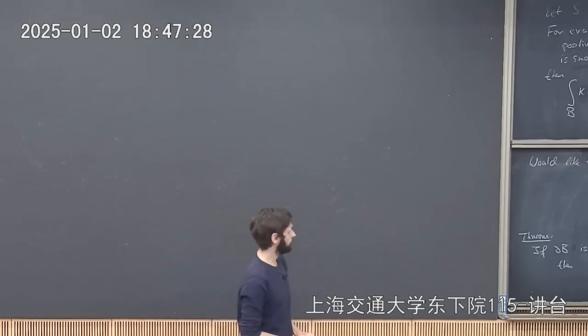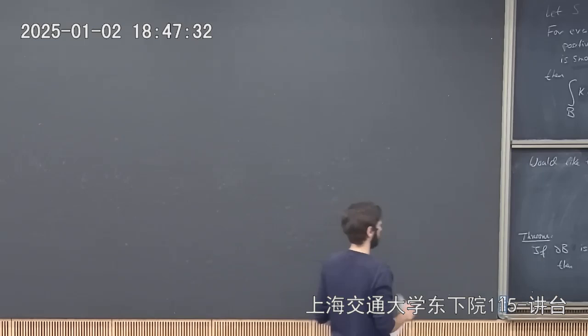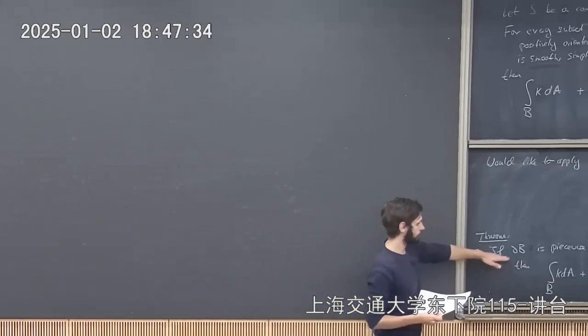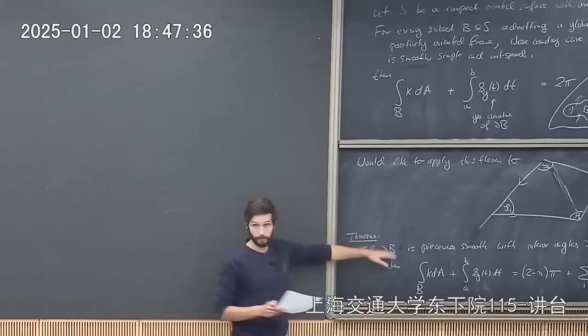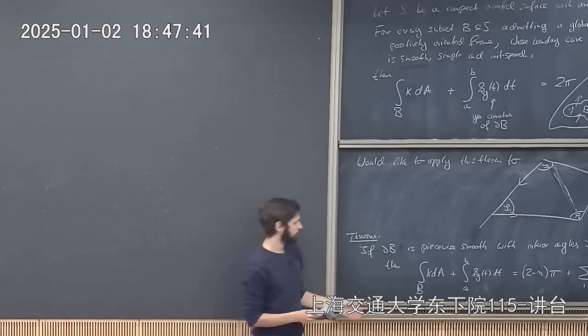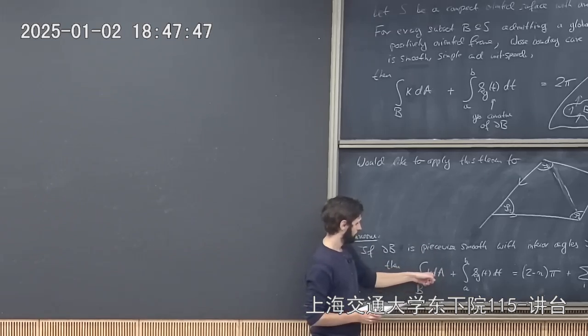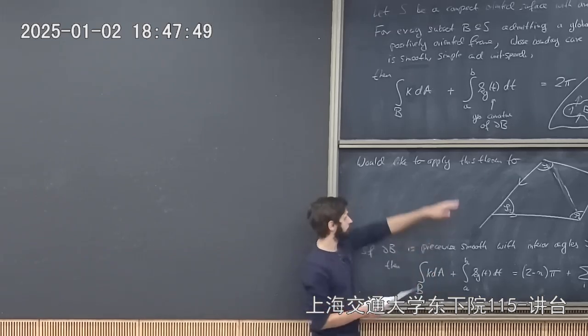But in general, you get some contributions coming from the angles. Okay, and that theorem is quite nice because, completely independent of our objective with the Gauss-Bonnet theorem, it gives you some way to relate the Gaussian curvature of, say, a triangle.